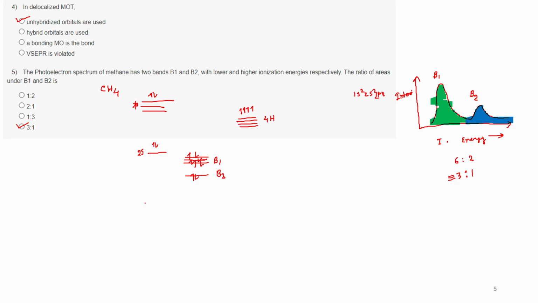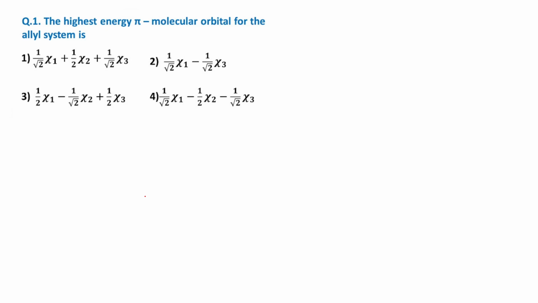Now with that, I have also collected a few questions from the internet and some online platforms for quantum chemistry. I thought that this is going to be the last class, so I should solve some numericals, based on MCQ type questions from different competitive exams or coaching platforms.